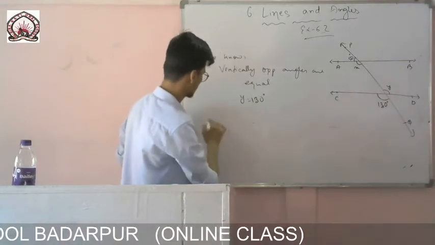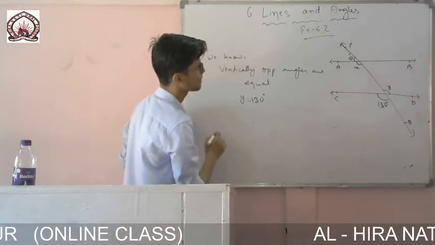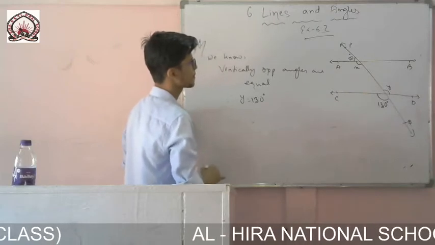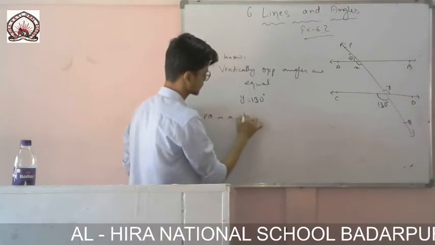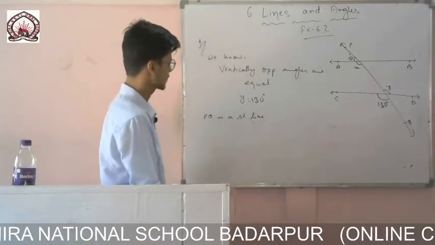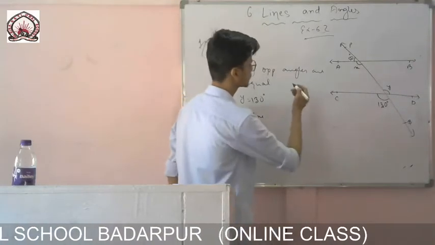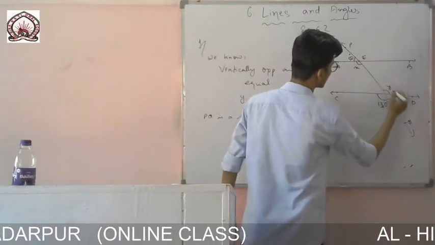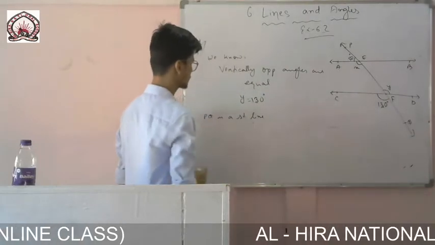So we can write it like this. Since PQ is a straight line, name these two points also, E and F, so it will be easy to write.